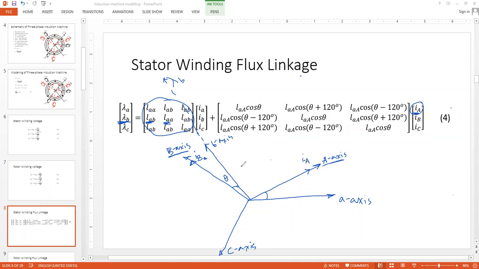So how much is this? This is IA, and this is lambda b. This is theta. This is 120. So this is theta. So how much is this?